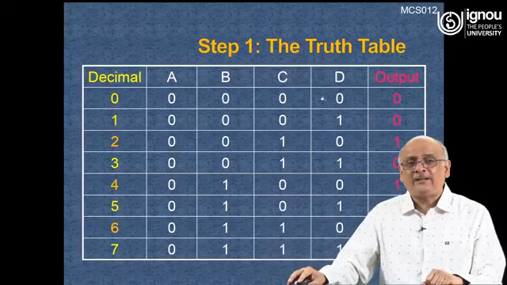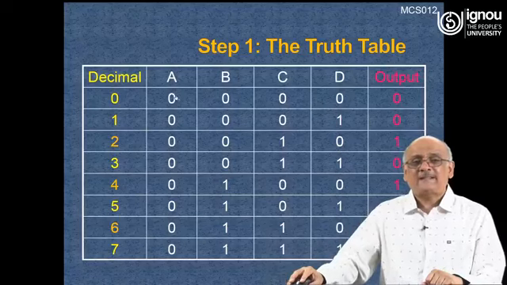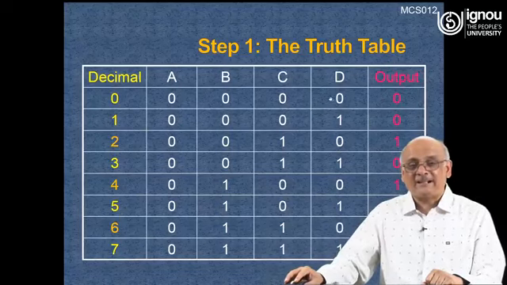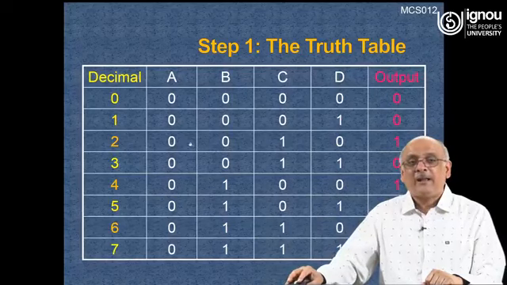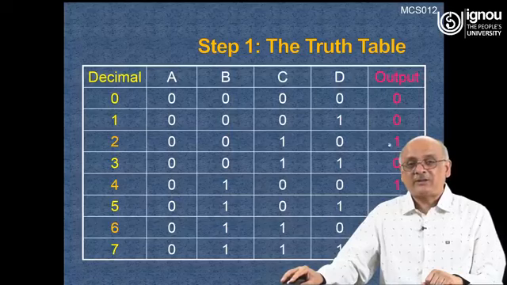Can you see the min terms in this particular case? This is a min term, and this min term is A dash, B dash, C dash, D dash, right? However, in this particular case output is 0. So the min term for the function which we will be using is going to be, the function will have the min term A dash, B dash, C and D dash. So this is one min term which will be part of the function.